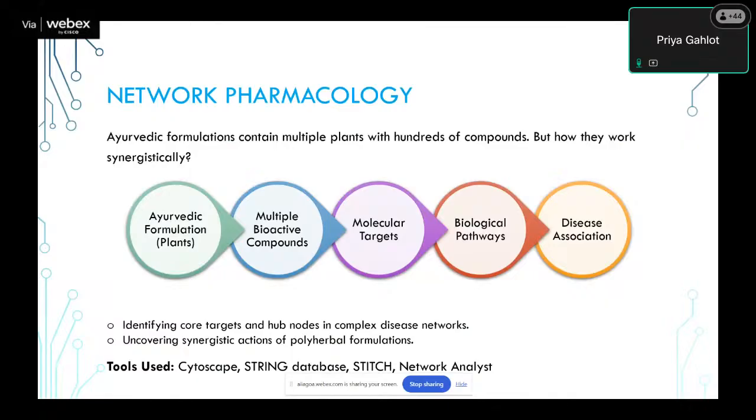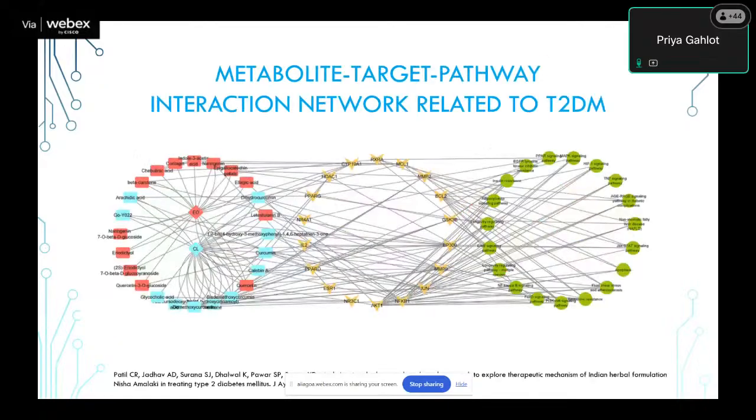We use the Cytoscape tool. Cytoscape is software; STRING database is used for protein-protein interaction modeling, along with STITCH and NetworkAnalyst for network pharmacology studies. This is just an example of a metabolite-target-pathway interaction network related to T2DM. Here, the formulation is Nishamalaki.